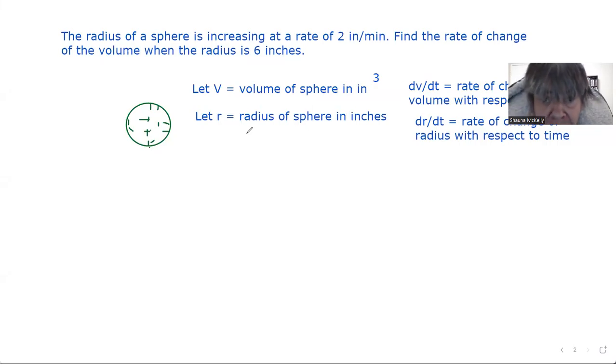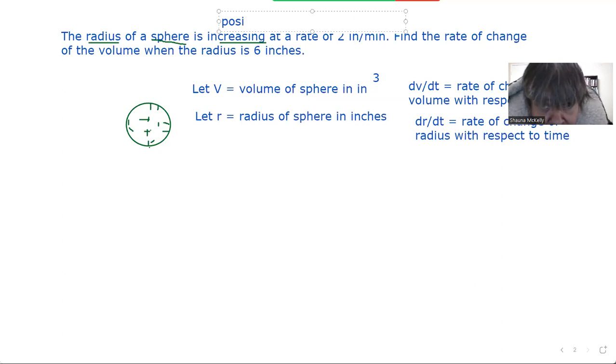Now, my keywords, we already talked about. We need radius. We have a sphere, right? Now it's increasing. Increasing means that this is going to be positive, okay?